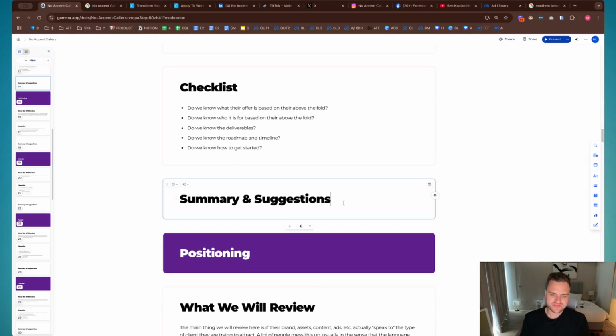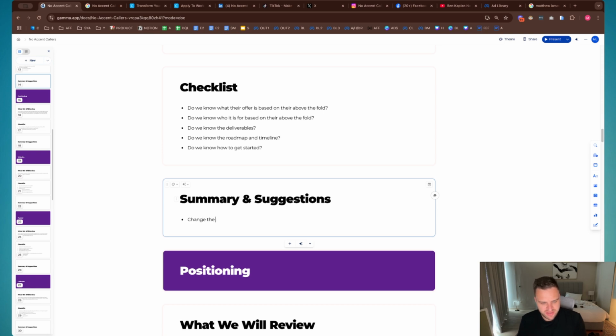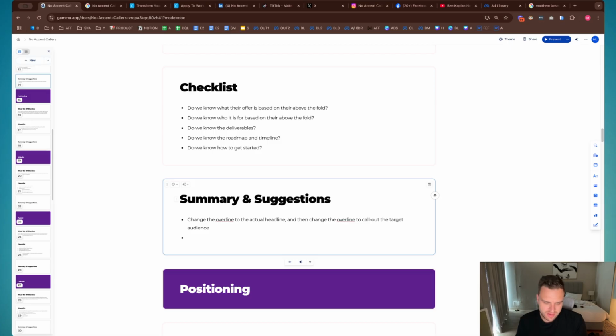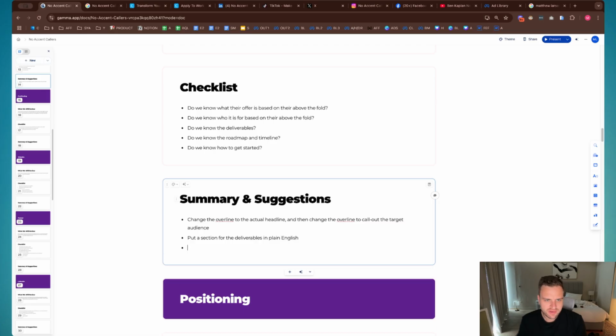So what I would do is change the overline, as we'll call it, to the actual headline, and then change the overline to call out the target audience. Put a section for the deliverables in plain English.